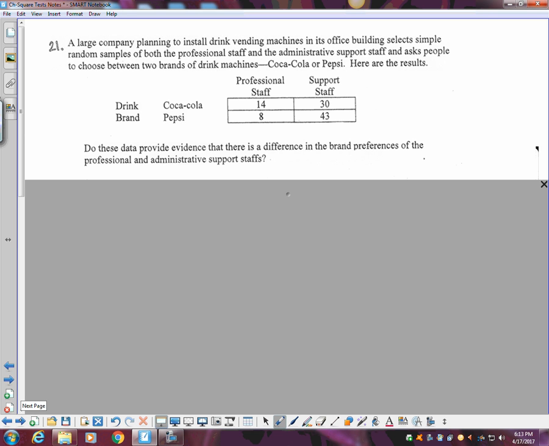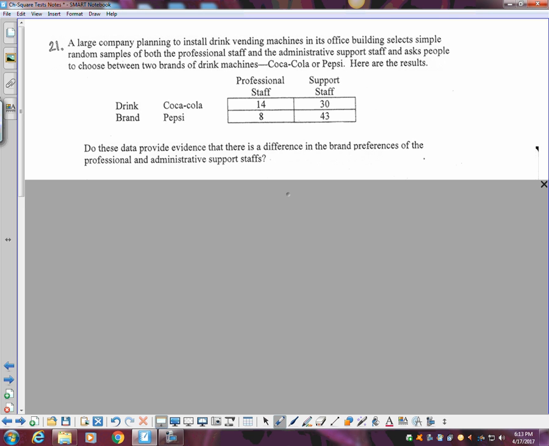Okay, last one. A large company planning to install drink vending machines in its office building selects simple random samples of both professional staff and the administration support staff and asks people to choose between two brands of drink machines, Coke or Pepsi. Here are the results. Okay, now hold on a second. Let's go back.